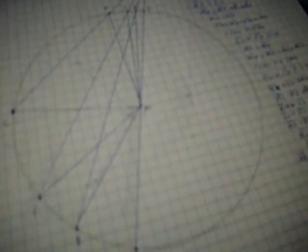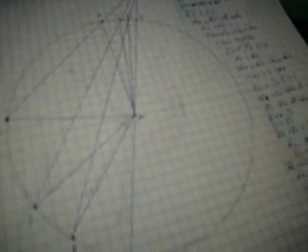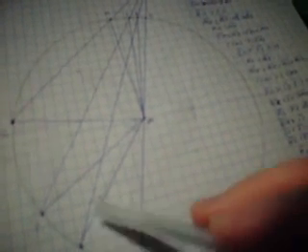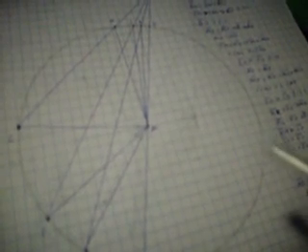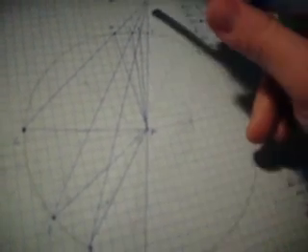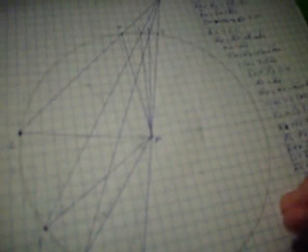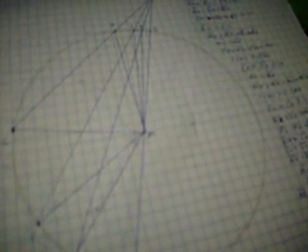The angle of EMD is greater in size than the angle of FMD, which means that the length of ED is greater in size than the length of FD. ED here is longer than FD right here. And that's because of Euclid Book 1, proposition number 24.